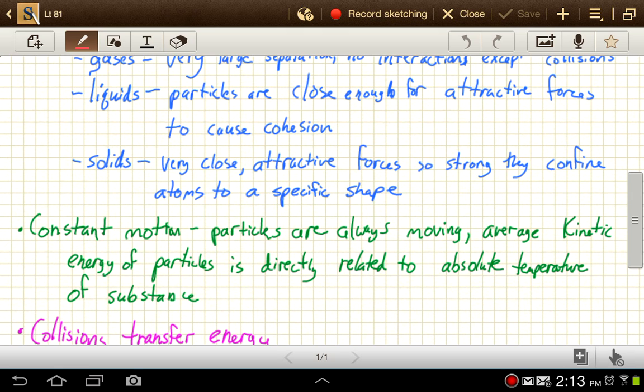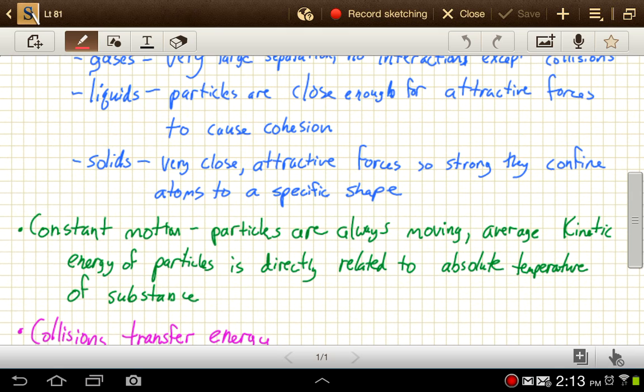They're always moving, and it turns out that the faster they move, the warmer that object will feel to us. Temperature and heat are just artifacts of kinetic energy at the atomic or molecular level. So the faster these things move, the warmer that object is going to feel to us.